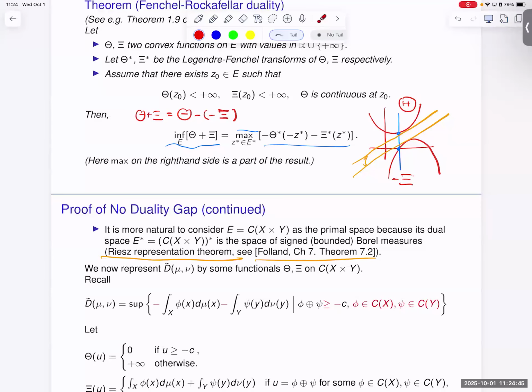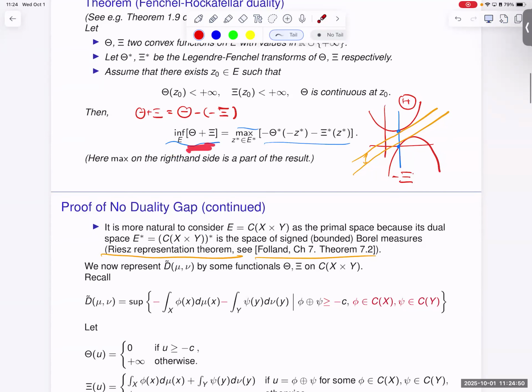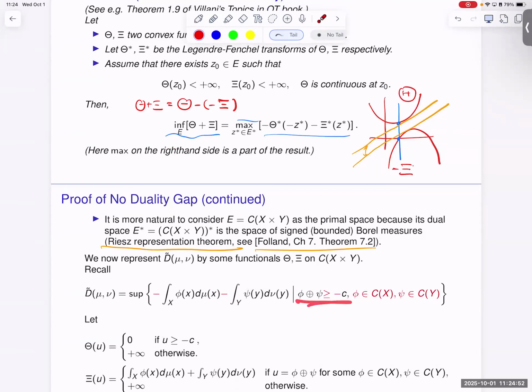They are just functions, and then you take the infimum, right? But in the problem we want to analyze, we have this constraint, and we learned the way to turn a constrained problem into an unconstrained problem, right? By just adding a penalty function to the original objective function. Okay, so that's what we are doing.